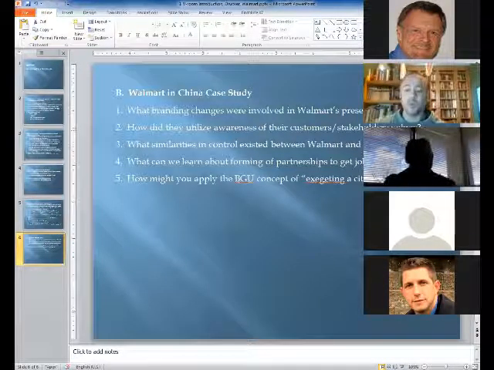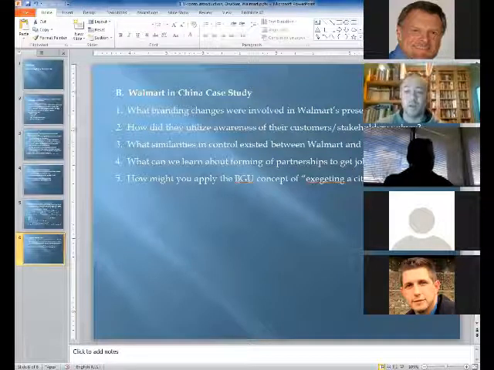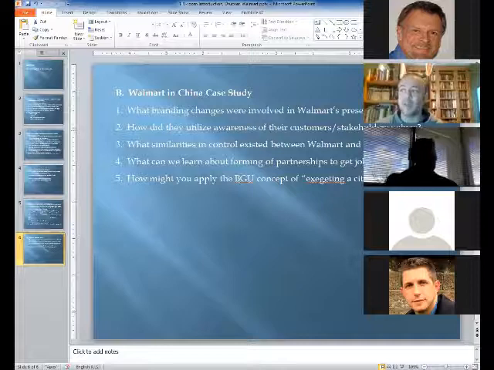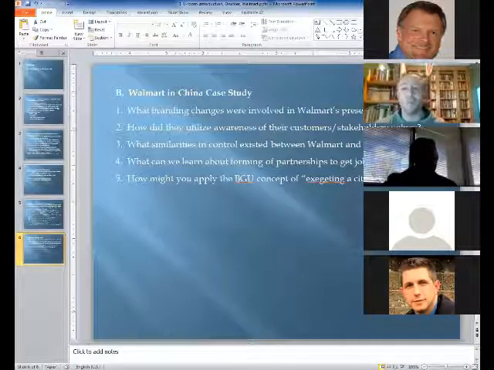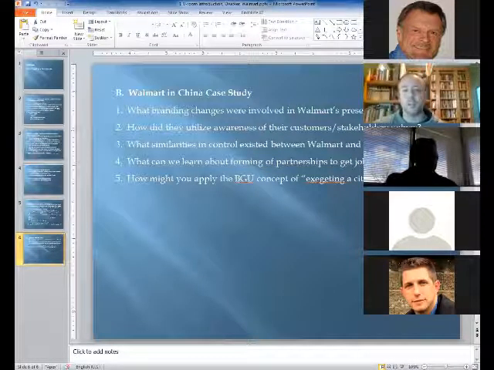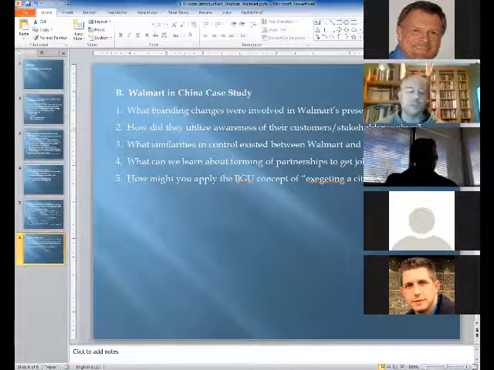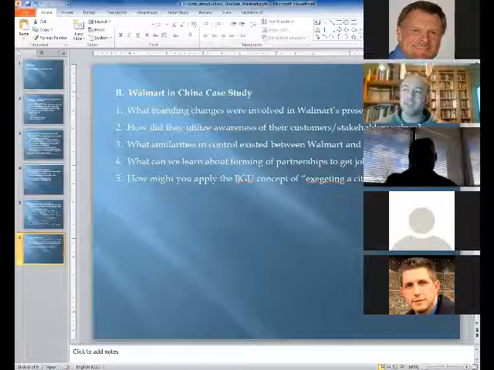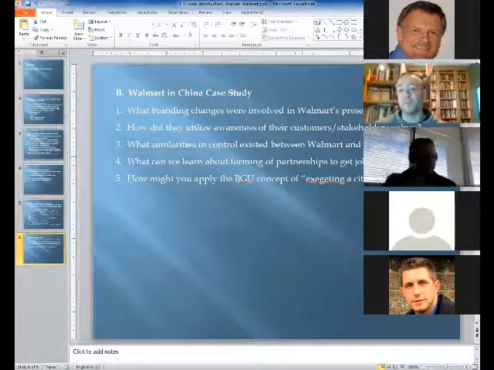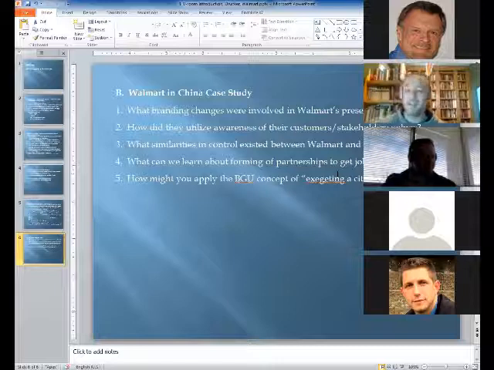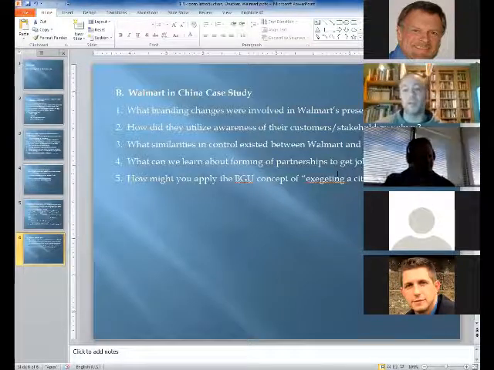So we'll go to small local places to try and get a better quality product, whereas a lot of the anxieties around public health and the quality of products were the opposite in China. And so Walmart, being aware of that, is able to capitalize on it, given its structure. So that's even a national awareness about how customers view retail access points and what the quality of the product might be.